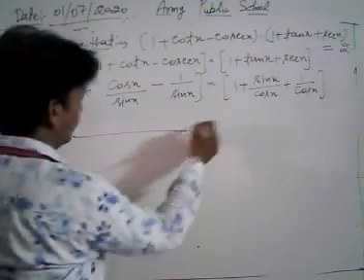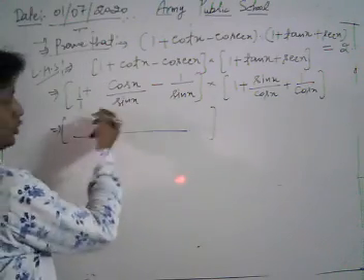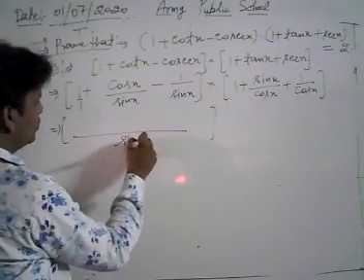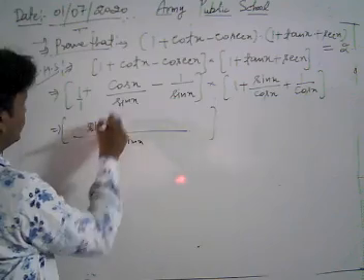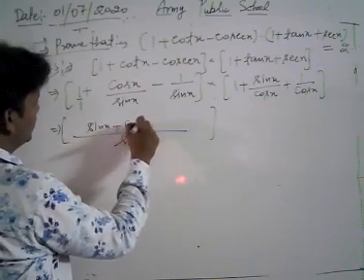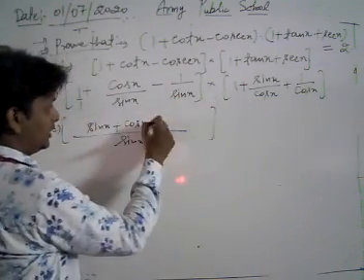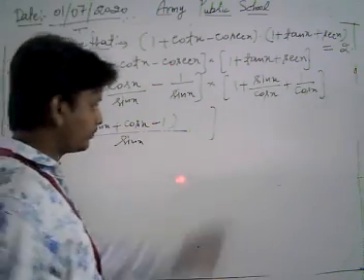Here we take the LCM of the denominator, that is sin x, so we get (sin x + cos x − 1) upon sin x.